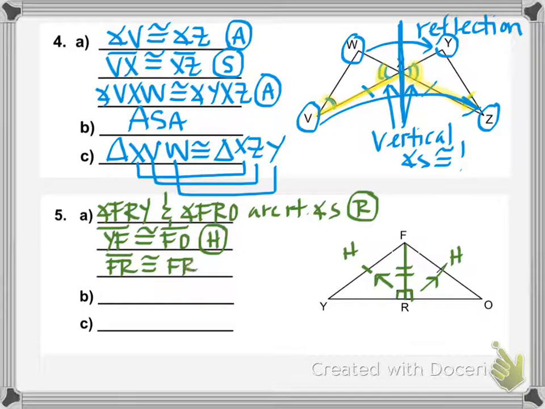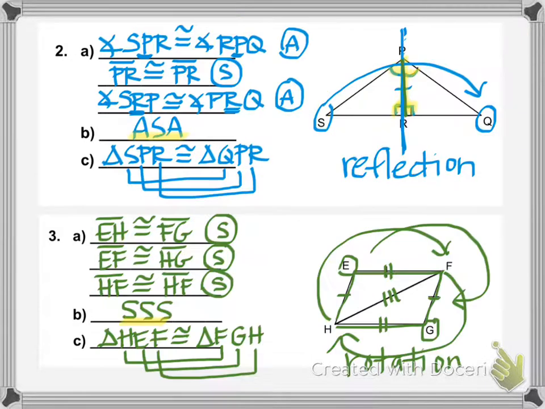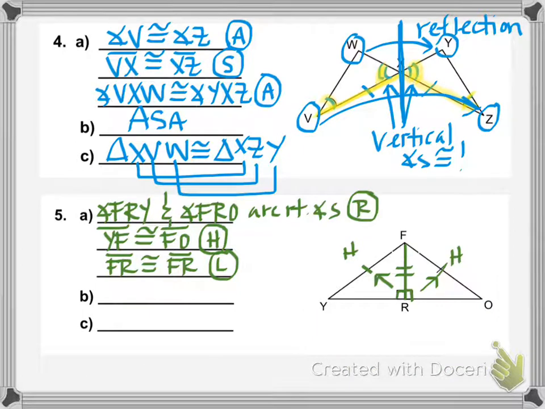And that happens to be a leg. So I'm going to put an L. Just because you have a right angle, like in this example over here on example 2, doesn't mean you're going to have HL. You have to see if you have a hypotenuse and a leg that are congruent as well, which we do. So this time, these 2 triangles are congruent by HL.